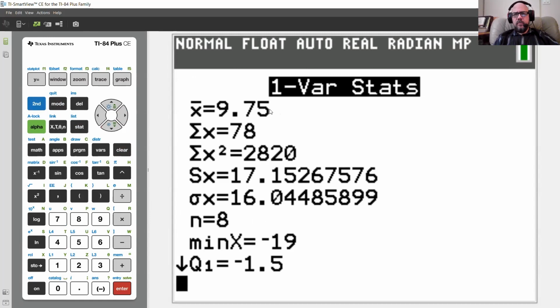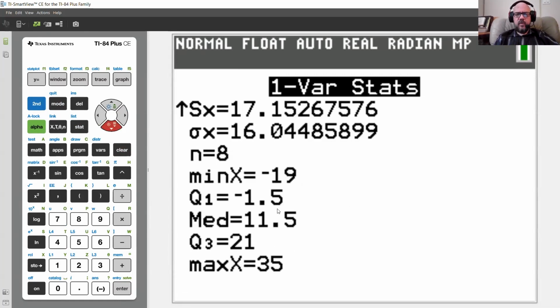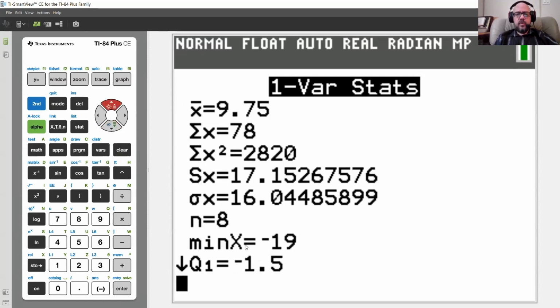And if you recall this data from my last video, mean 9.75, and then we found the median of 11.5, and then lo and behold, minimum, maximum, Q1, Q3, right? All there, and then two different versions of standard deviation. The reason it gives you two different versions is that your calculator does not know whether you put in an entire population or just a sample. 95% of the time, the one you want is S, the sample standard deviation.